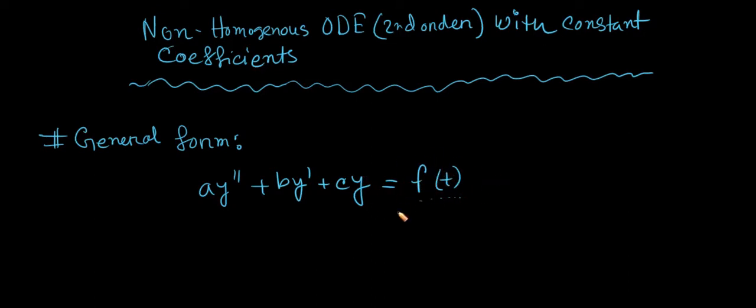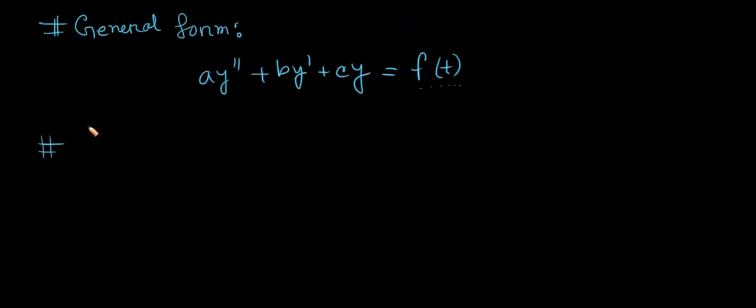Solving this kind of equation is pretty hard in general. Sometimes it may not even be solvable, but we will try to see two methods. One of them will be discussed in this video and the other in the next video. Let me write down today's method, which is called the method of undetermined coefficients.